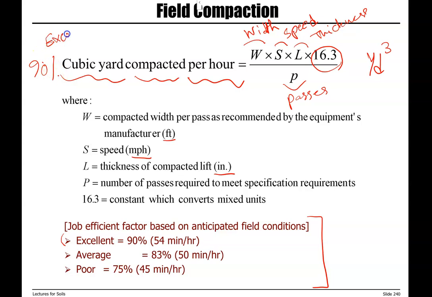If it is described as average, then we can achieve 83% of that number. And if it's described as poor conditions, then we can actually achieve 75% of that number. So it's important that you pay attention to the job efficiency factor.